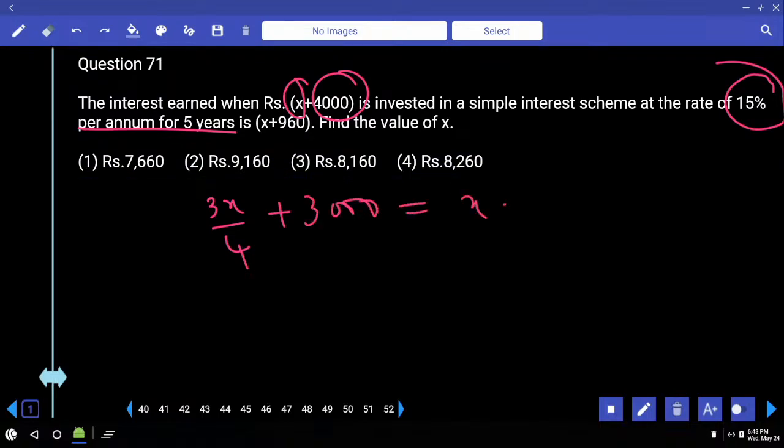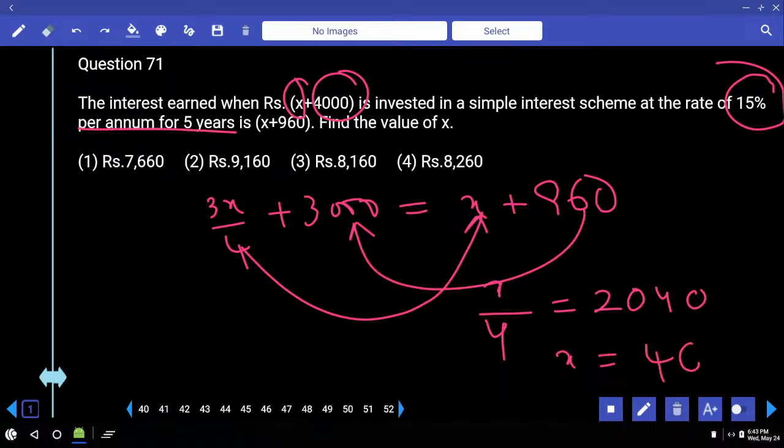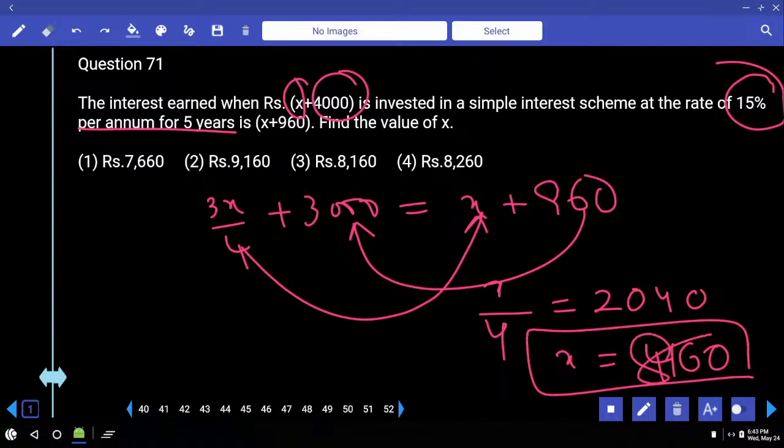Which is equal to, now the interest is x plus 960. Therefore, x by 4 is equal to 2040. Then x equals 8160. Option 3.